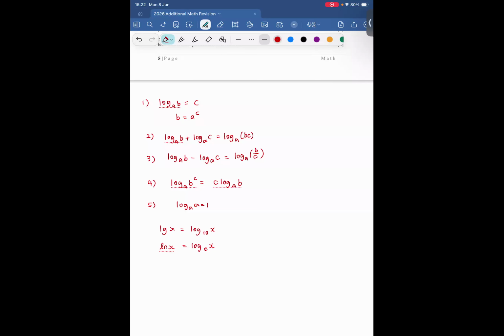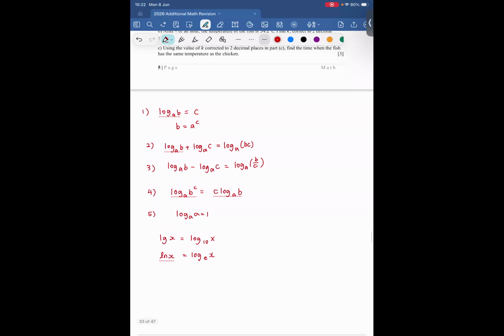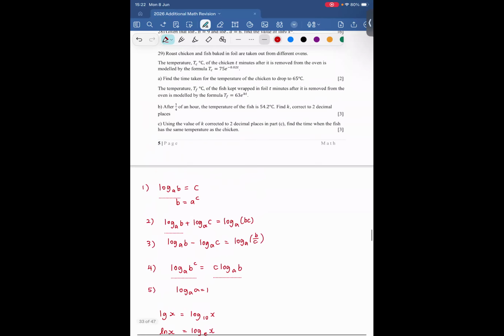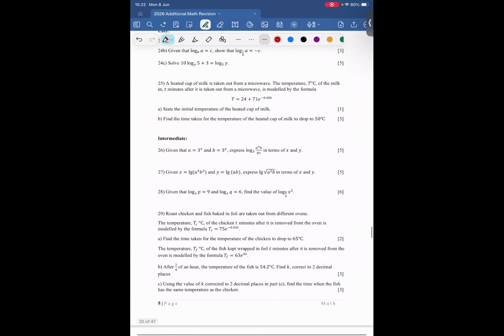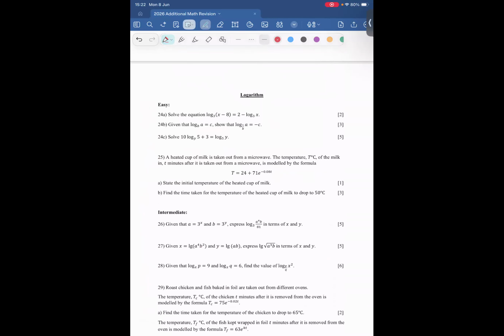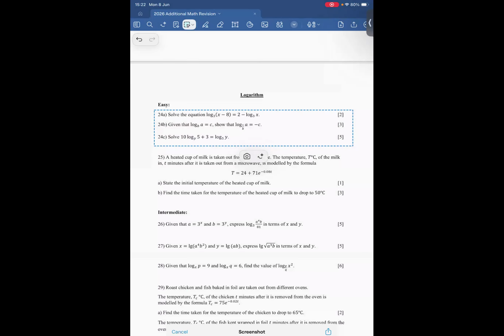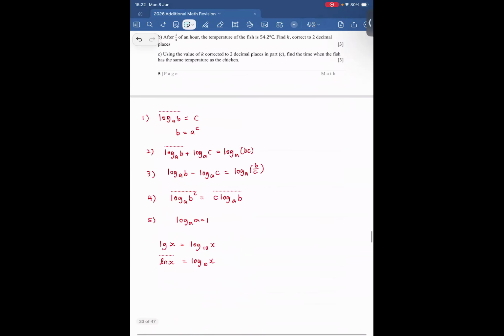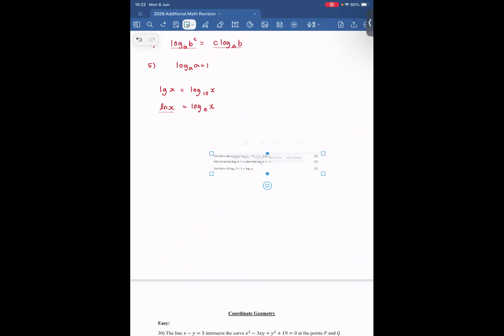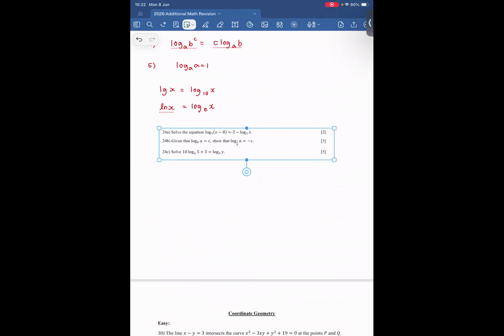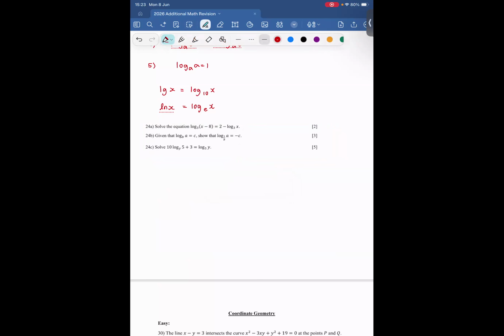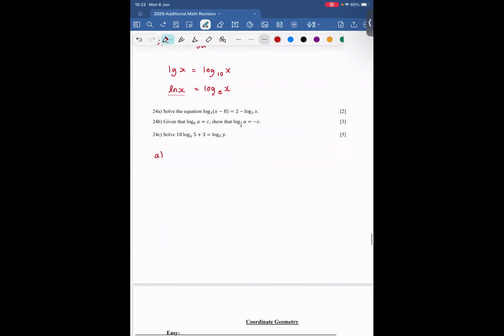So with all this, we will apply to our question. Okay, so question A. The first thing that you need to see and identify is to make sure that the base of the log is the same.